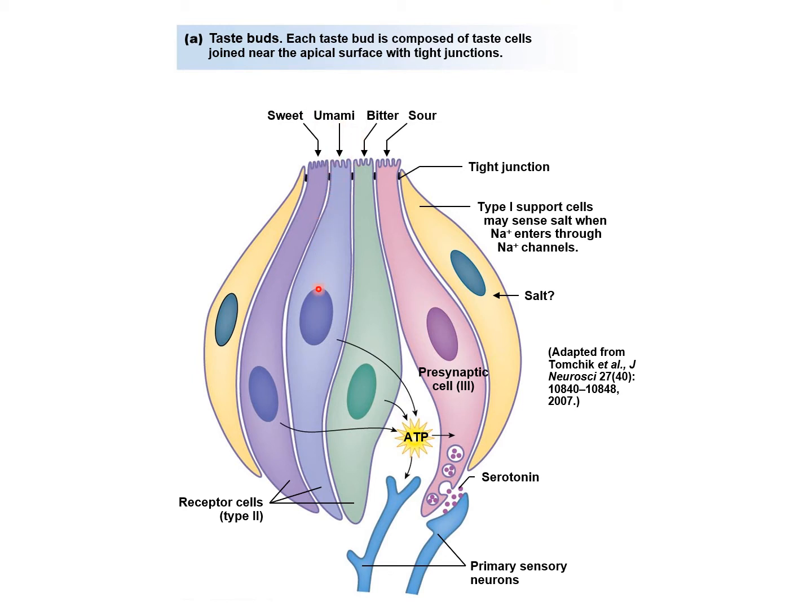So it detects a type of amino acid and gives things a savoriness, like the difference between, say, just straight up ham and pepperoni. That sort of peppery, savory flavor is what umami turned out to be, and that's one of the reasons why we find a lot of glutamate flavoring in Asian cooking.